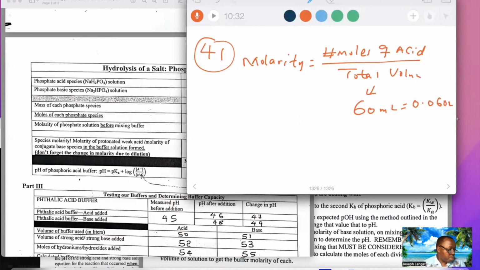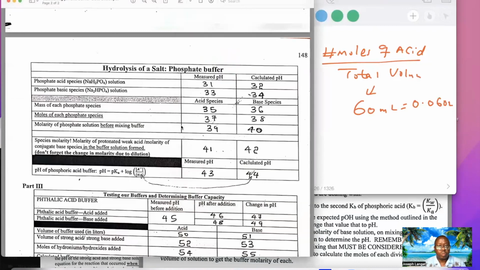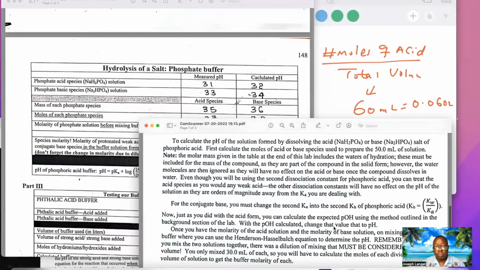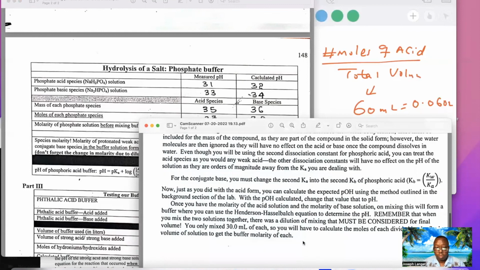So how do you get the number of moles? Once you have the molarity of the acid solution and the molarity of the base solution, on mixing this will form a buffer solution.